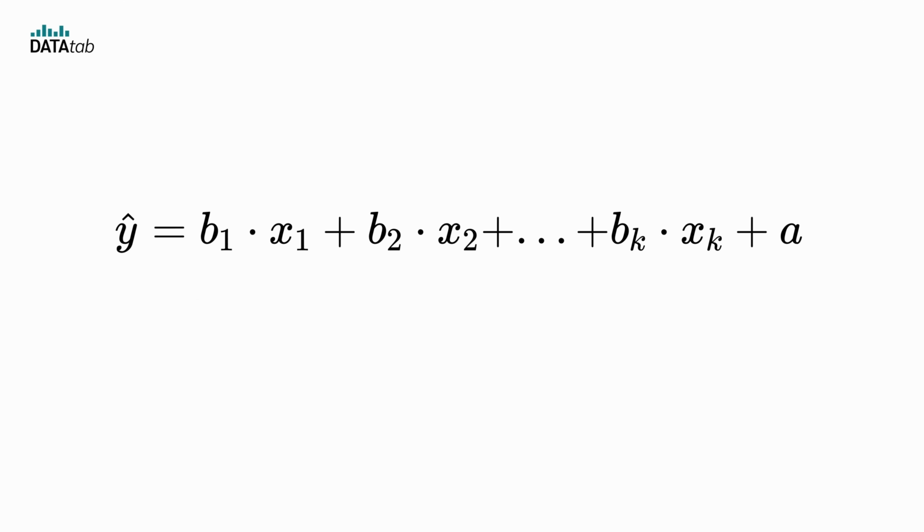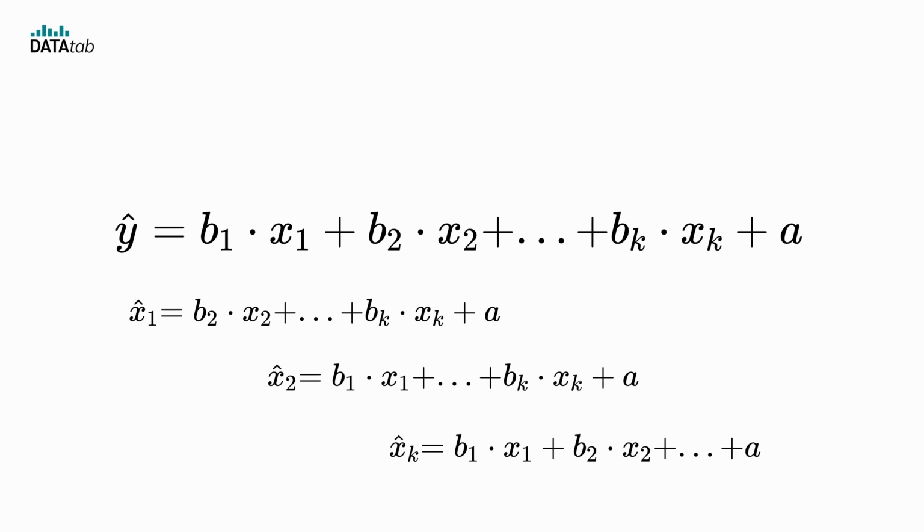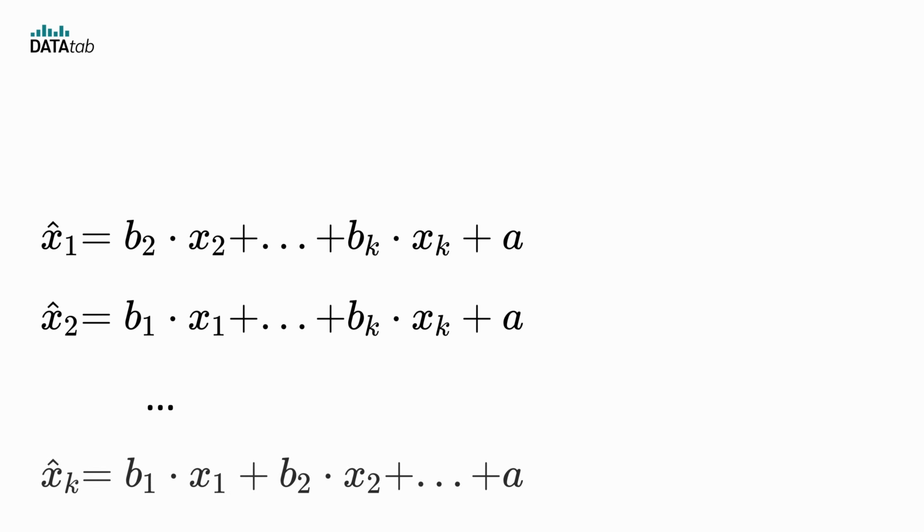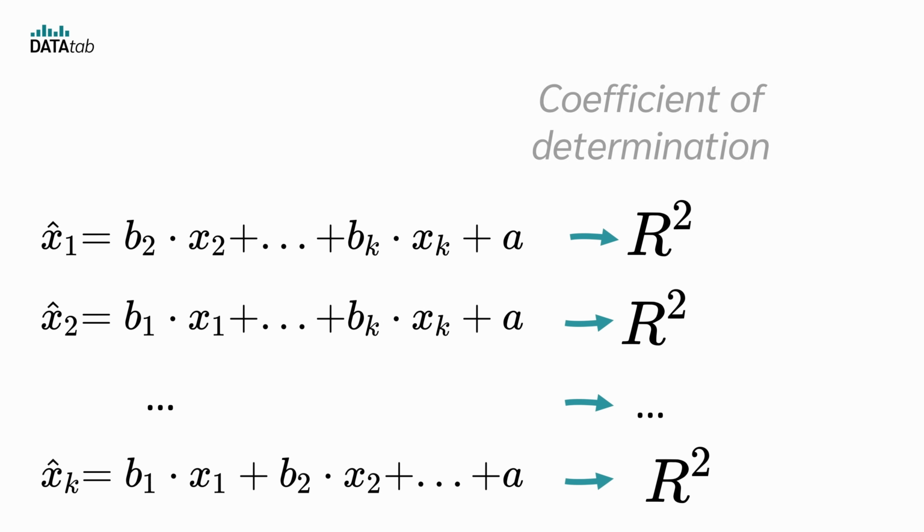We can now do this for all other variables. So we estimate x1 by using the other independent variables, we estimate x2 by using the other variables, and we estimate xk by using the other independent variables. Okay, but what is a method to detect multicollinearity? For all k regression models, we calculate r squared, which is the so-called coefficient of determination.